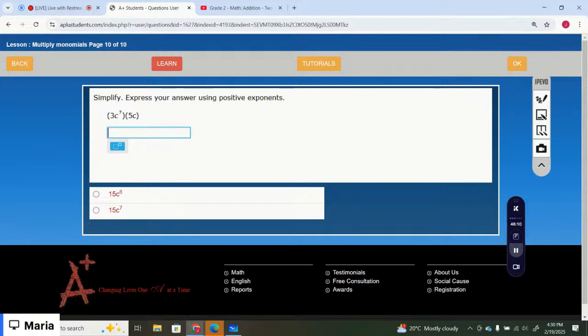So which is the correct option? That is 15c^8. Option number 1 is the correct option.